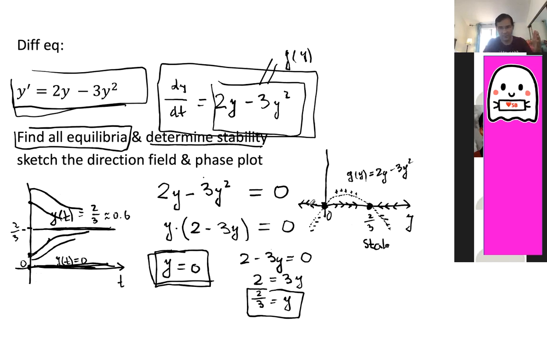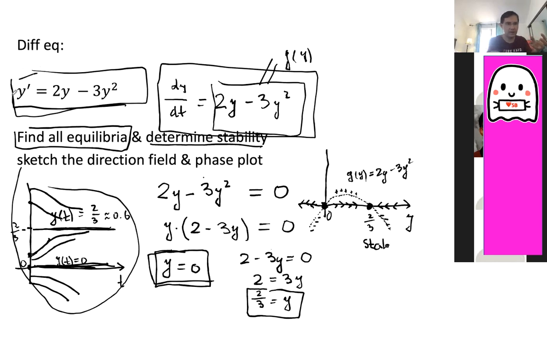Well, the derivative is negative, so the function is decreasing, so the solution will look like this. And another solution will look like that. So that will give you an idea how the solution set to this differential equation looks like, even without solving anything.